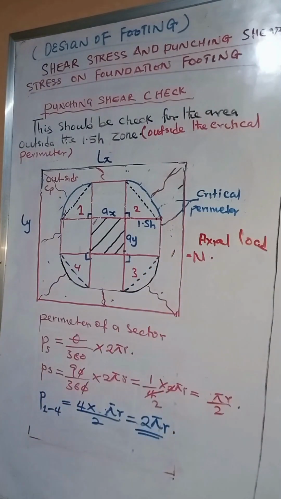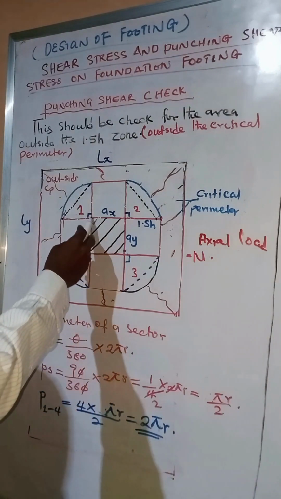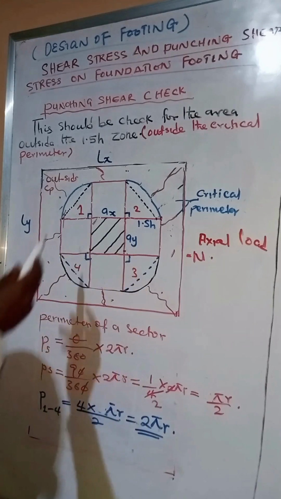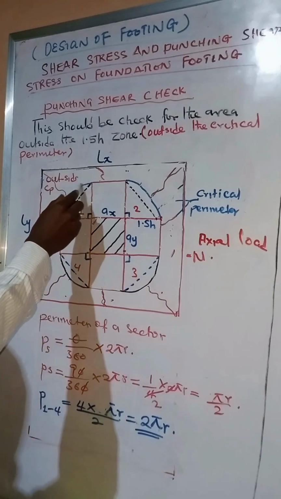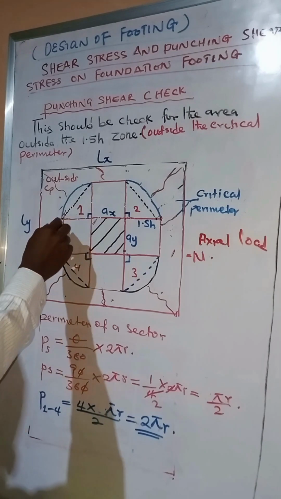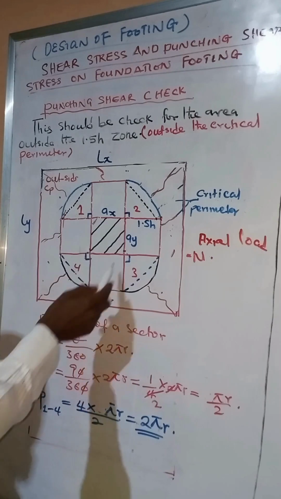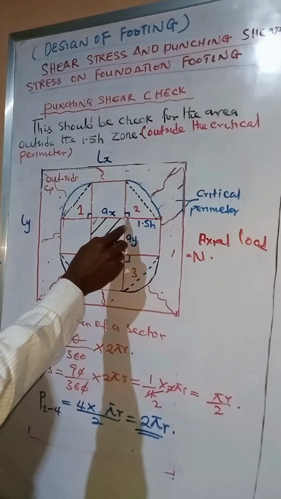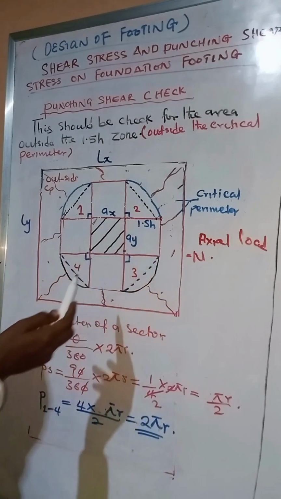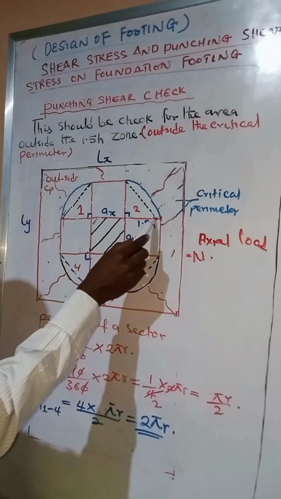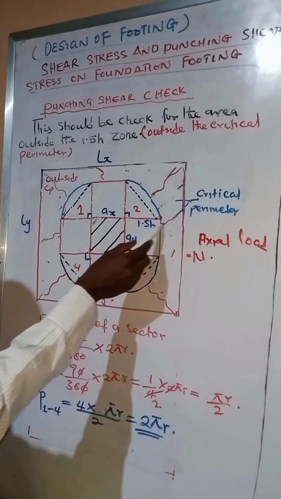Now, for us to get that, looking at the shape we have on the board, we have the size of the footing, AX and AY. Like what I've done, this is a curved part of it, and we have it at the 4 sides. Remember that we said the critical perimeter is measured from the face of the column, from this point to this point, which gives us our critical perimeters.